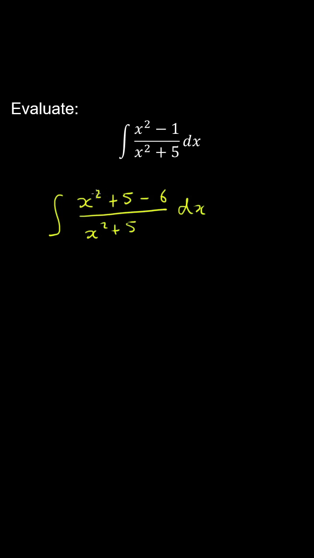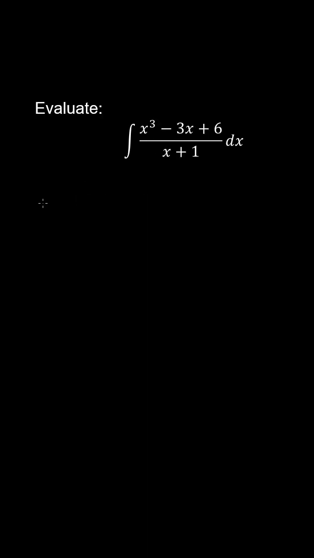And therefore we can write this integral as the integral of 1, because x squared plus 5 on x squared plus 5 is 1, and then minus 6 on x squared plus 5. And this is integrated with respect to x. And as a hint, this second part of the integral is going to be an arctan. So evaluate the integral and post your answer in the comments.